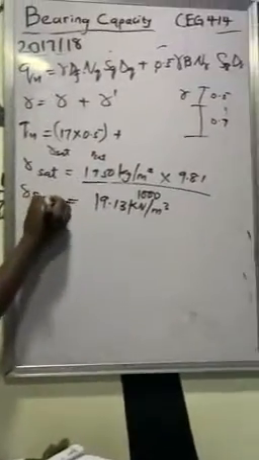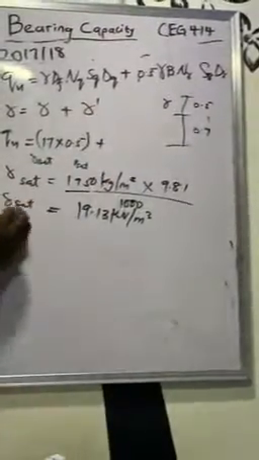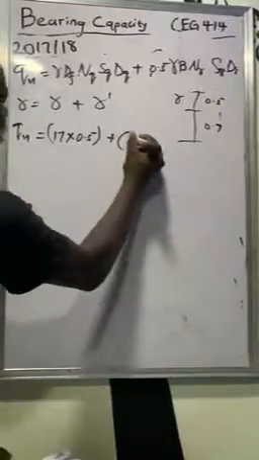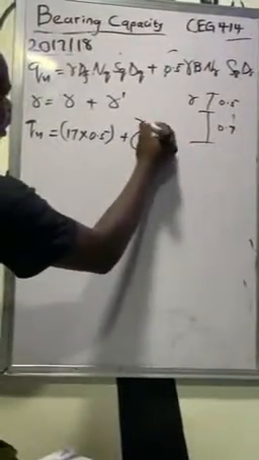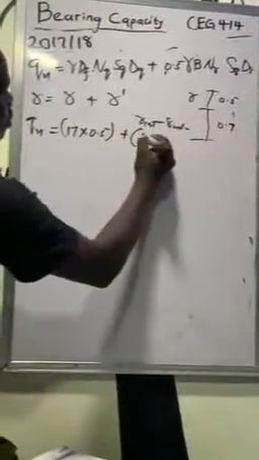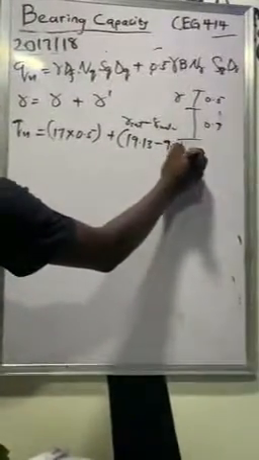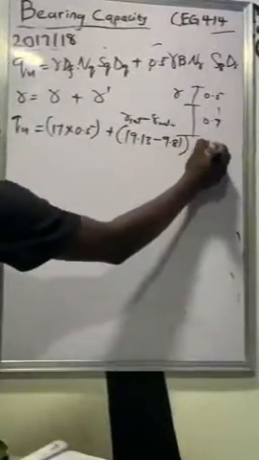It's flowing. So now I can come back into there and say my gamma prime is gamma saturated minus gamma water, which is 19.1 minus 9.8, multiplied by the place that has that issue, 0.9.